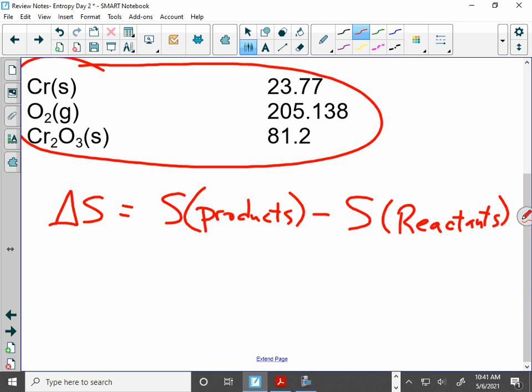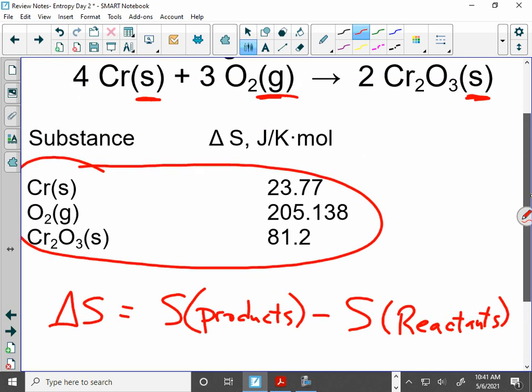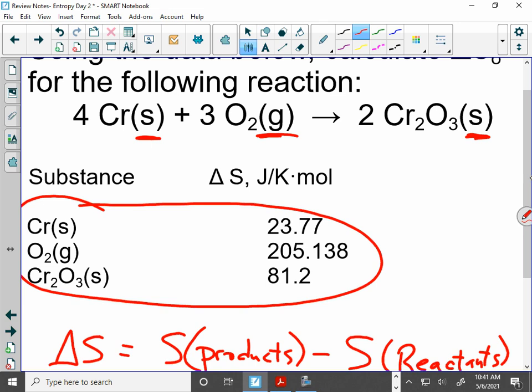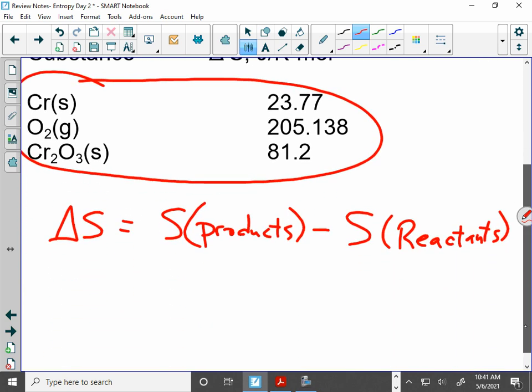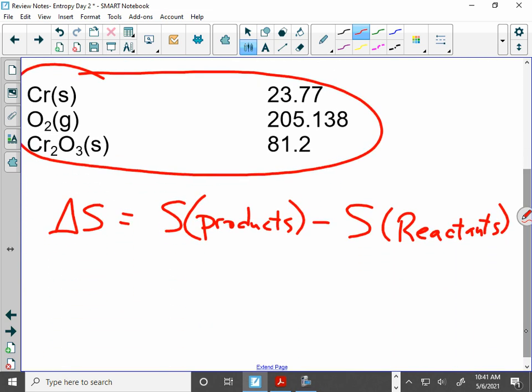Now, where I see the most errors is the fact that the products are on the right side and the reactants are on the left. Is that the way it goes on the equation? Yes. But people want to put the products on the left and the reactants on the right. Well, they want to do it just the opposite. Okay? So make sure that you don't do that.